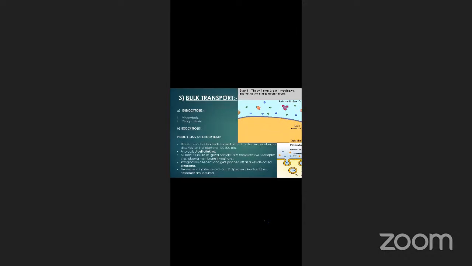Endocytosis means taking up material inside the cell, either other cellular components or liquid components. Then exocytosis is the release of components.